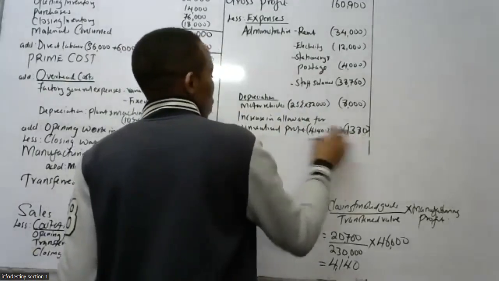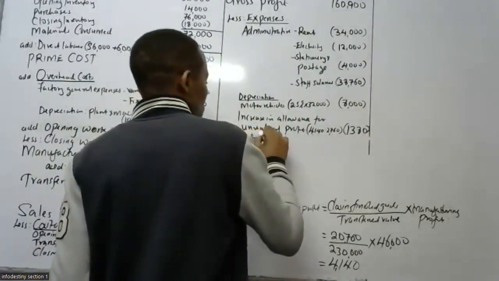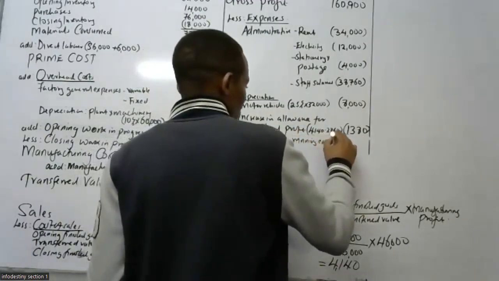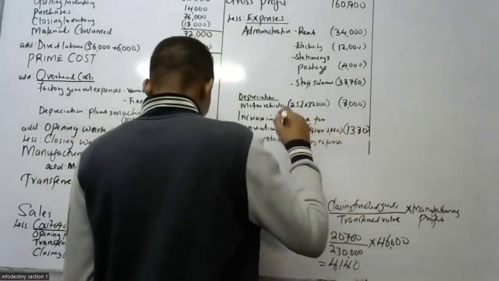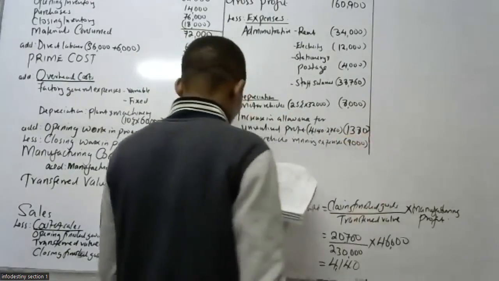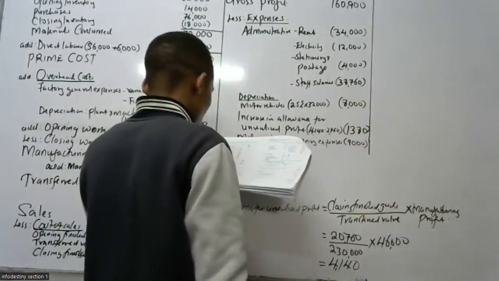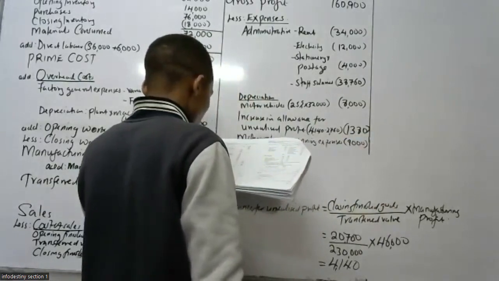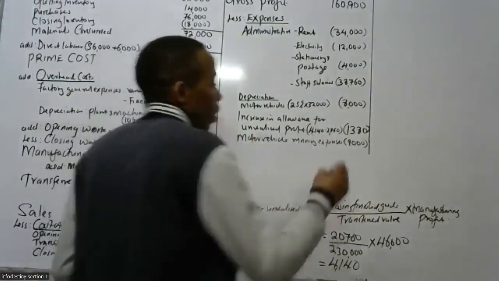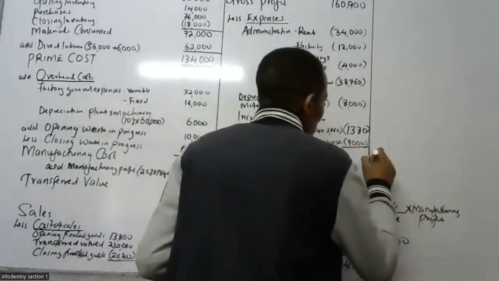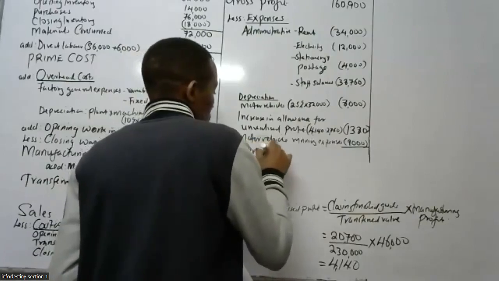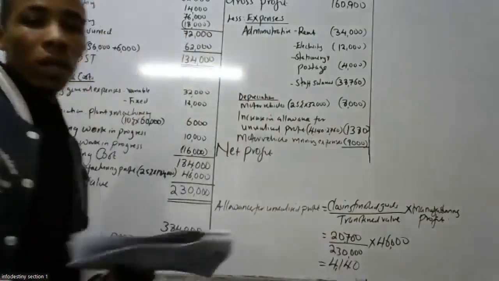Motor vehicle running expenses of 9,000. Yeah, now we have keyed in all. So now you can have the net profit.